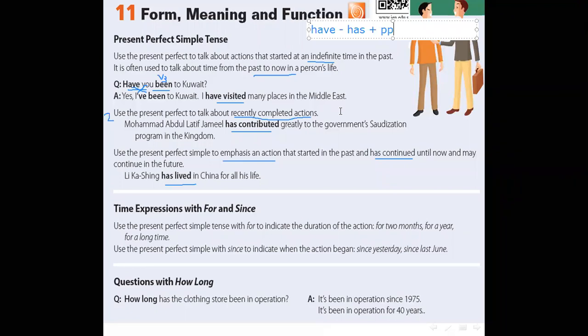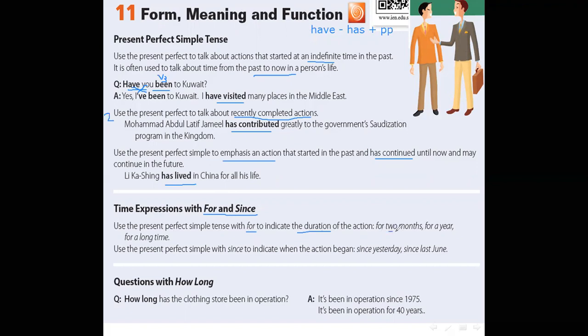Is it clear now? Time expressions with for and since. We should know the difference between for and since. Use the present perfect simple tense with for to indicate the duration of the action.